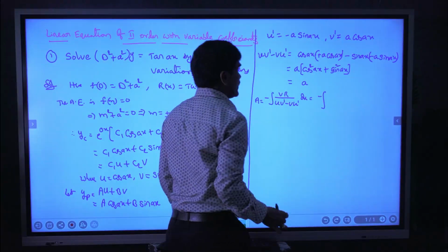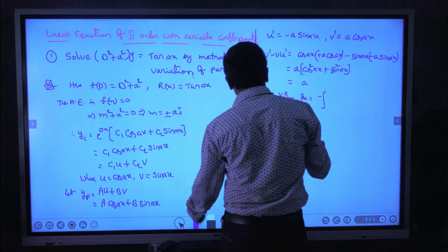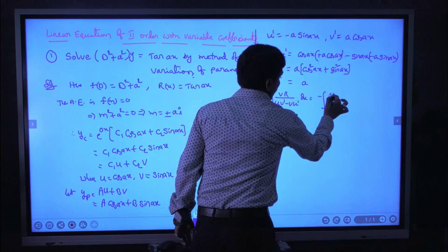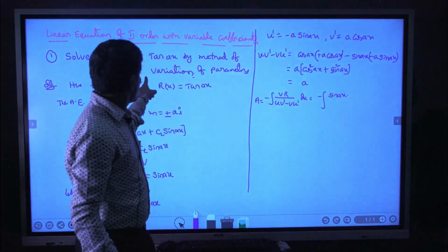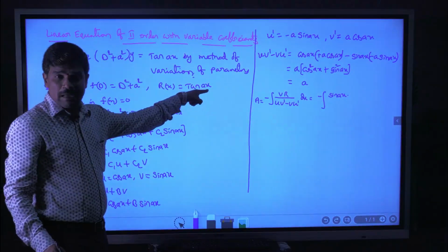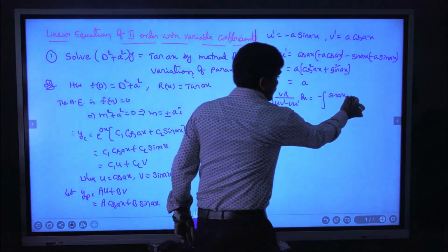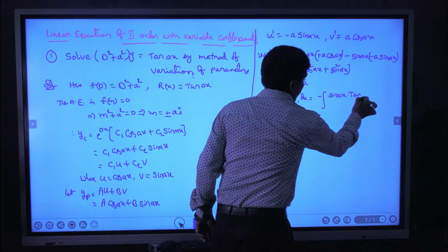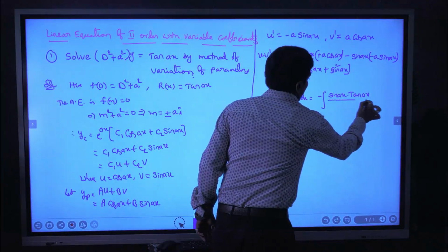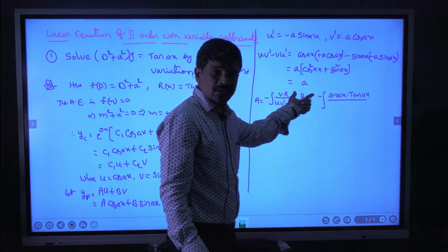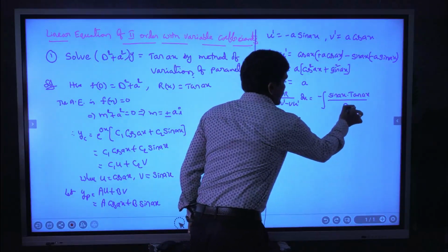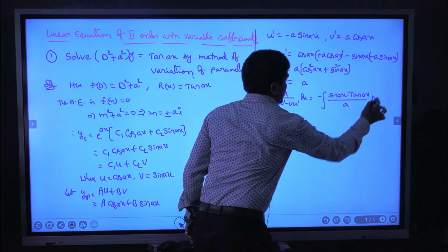Now substitute u, v dash, vu dash and r. What is v here? V is sin ax, into r. What is r? In the given problem r is tan ax, divided by uv dash minus vu dash, which is a, into dx.